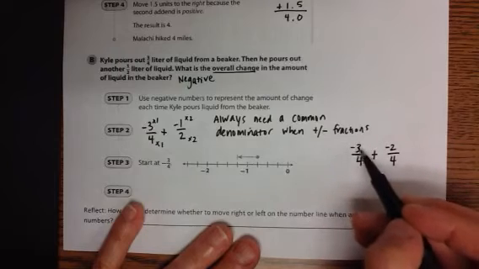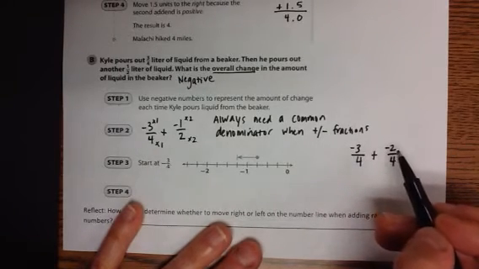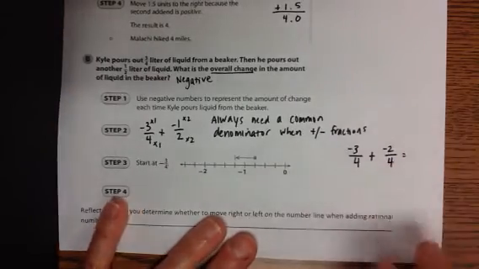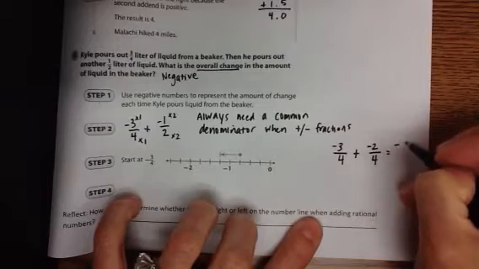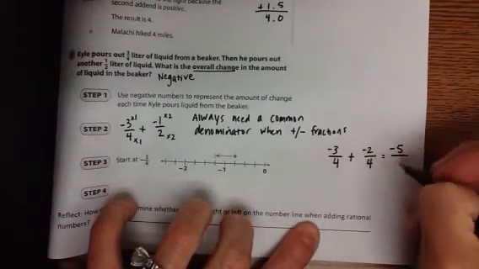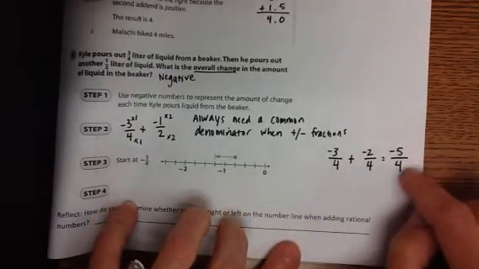Well, I know since my signs are the same, a -3 and a -2, I'm just adding. -3 plus -2 equals -5. And I always keep my denominator the same, and it stays a 4. So I have -5/4.